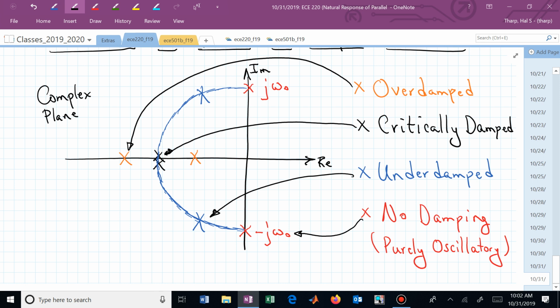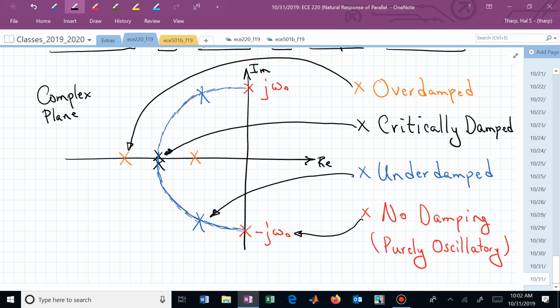We have a Neper frequency. We have a resonant frequency. Now we have a damped frequency, and that damped frequency is going to be in the argument of cosine, and we'll subscript it with a d, omega sub d t. So we have a damped frequency in addition to our resonant frequency.